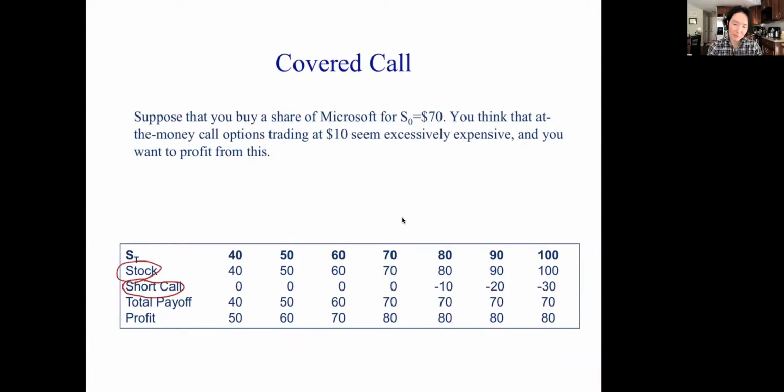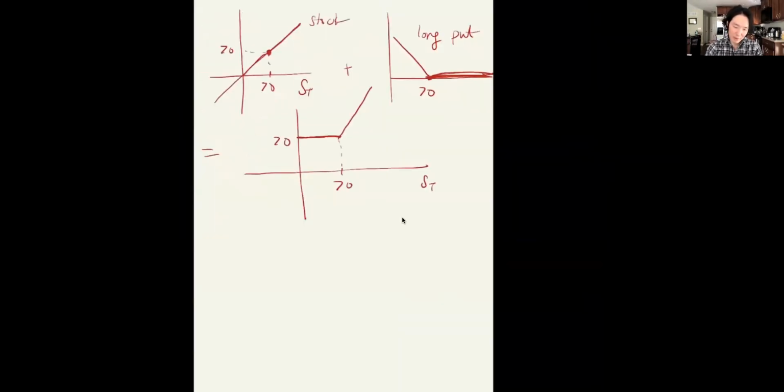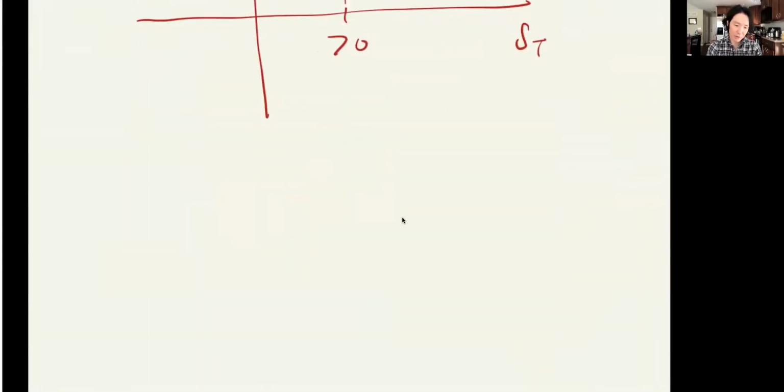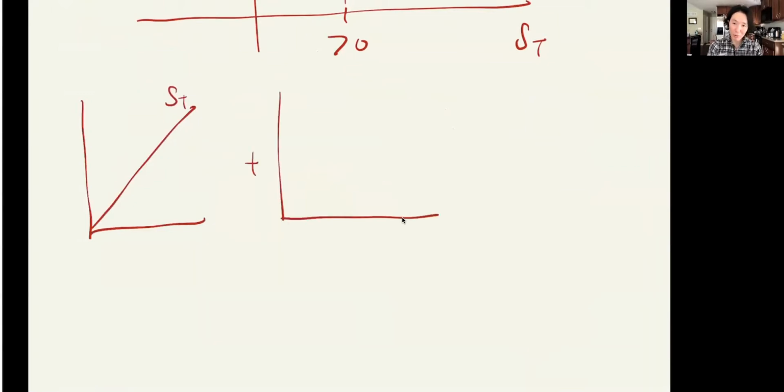Then what happens? Well, in the covered call position, this is what you do. So you have a stock position, ST, and you are shorting a call, right? So what is the short call position? This is the long call.